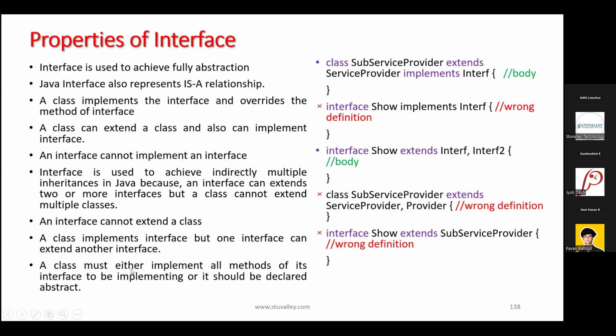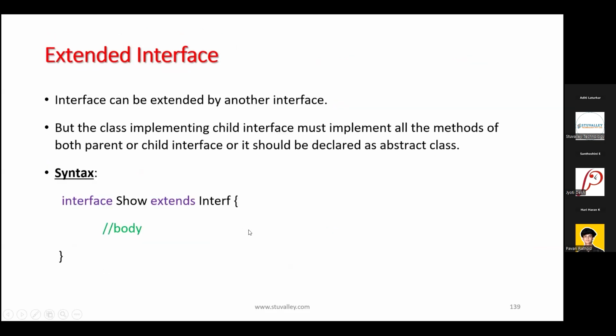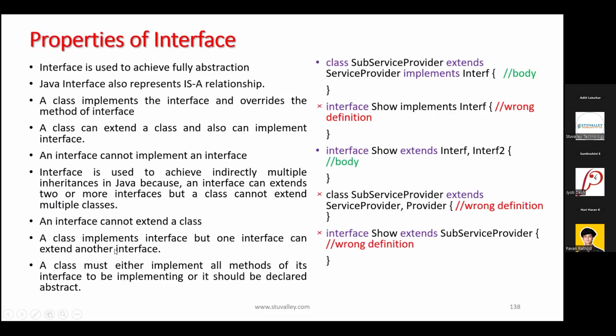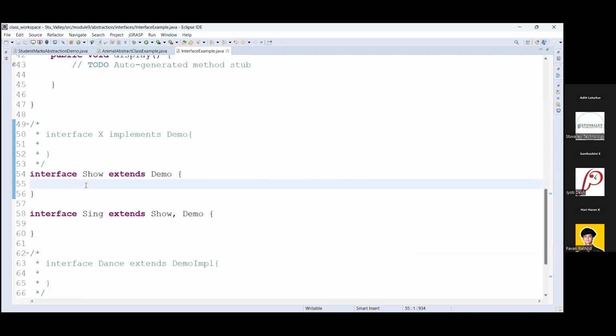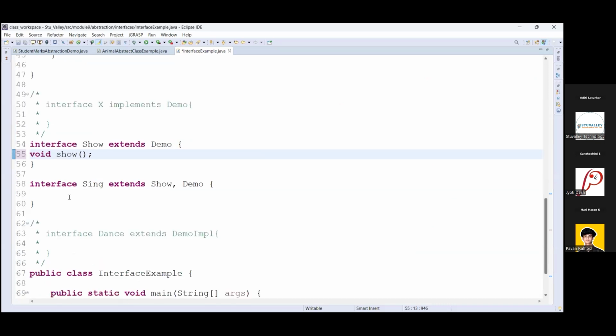We have already seen this part. So suppose the show interface has one method, void show, and the sing interface has the void sing method.